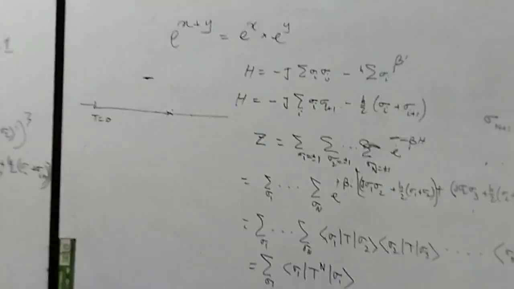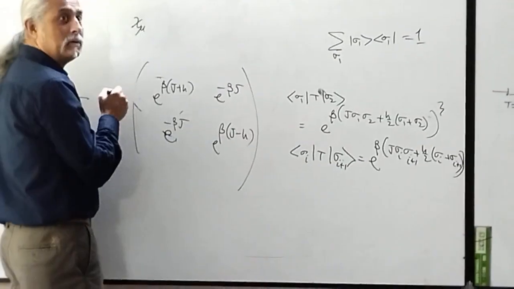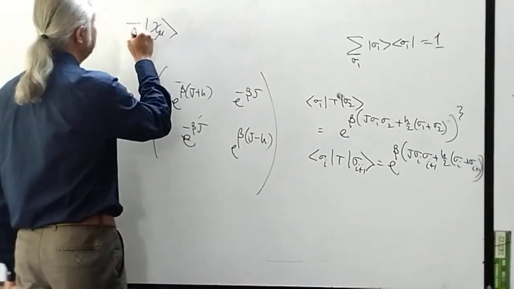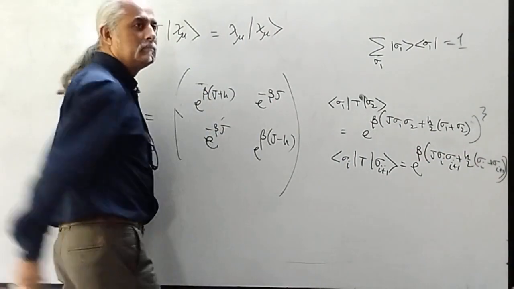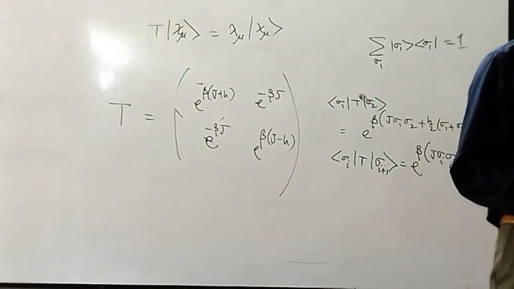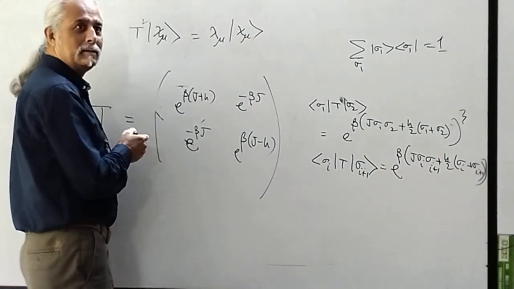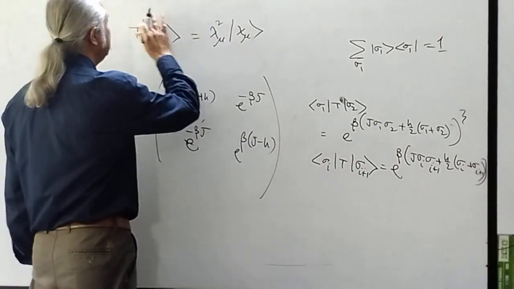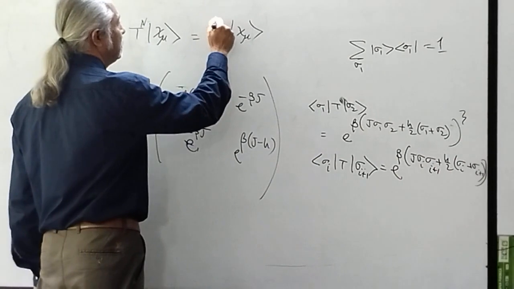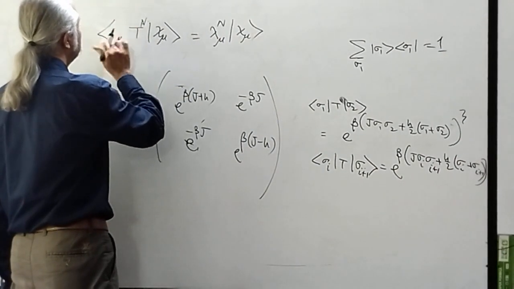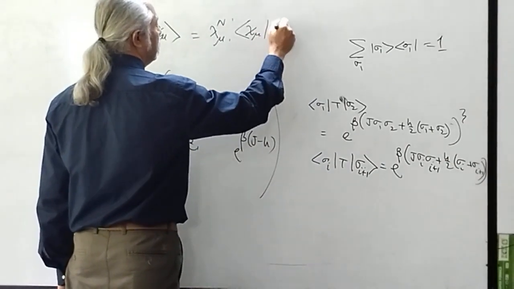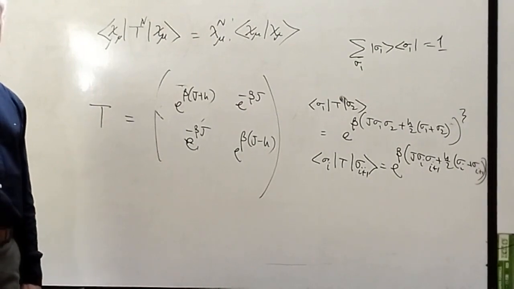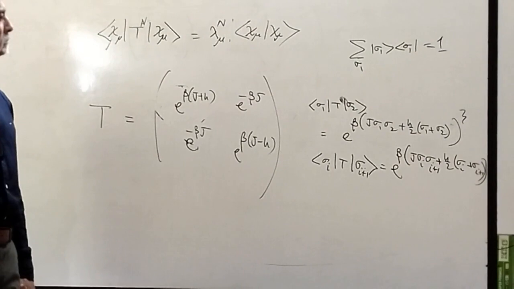I can write an eigenstate for T. Say lambda mu is the eigenstate of T such that lambda mu is the eigenvalue of T. Orthonormal states, eigenstates. So if it is T squared, what will happen? If it is T to the power n, then lambda mu, then you will have lambda mu to the power n. Is it clear?